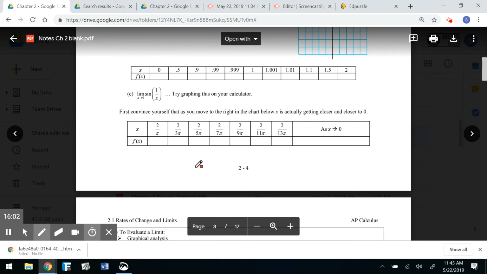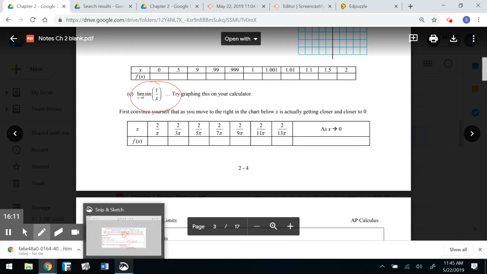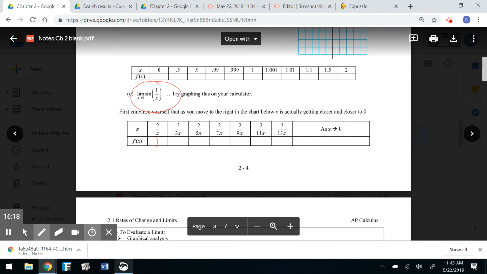All right, if you're like me, you're dying to see what the heck this oscillation bad boy is talking about. Well, try putting that guy into your calculator. Okay, and I'm going to plug in some values as we supposedly get closer and closer to 0. But when I plug in these values, it goes from 1 to -1 to 1 to -1 to 1 to -1 to 1.